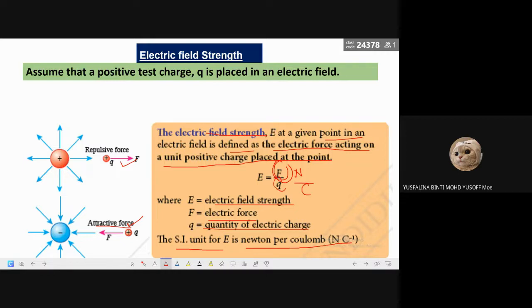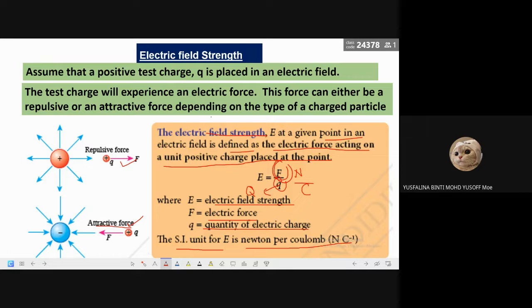Sometimes they use capital letter Q. The quantity of electric charge is in coulomb, so the unit of E is N over C. So this is the first formula.